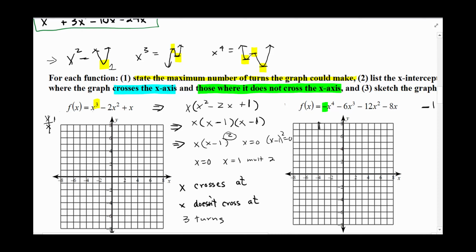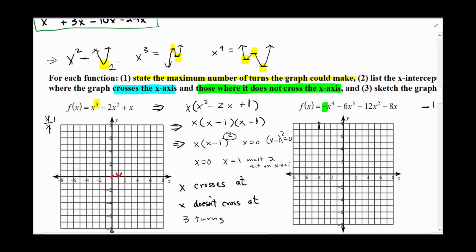Whenever you have a binomial of multiplicity of 2, when you're graphing, that's where it's going to sit on the x-axis. So we know x is equal to 0, we know it'll cross right there at 0. And then where x is equal to 1, it's going to sit right there on the x-axis.